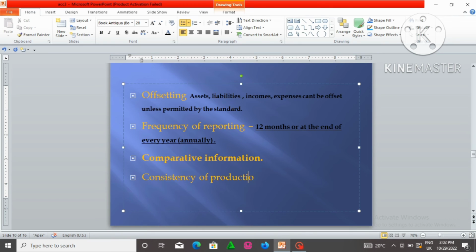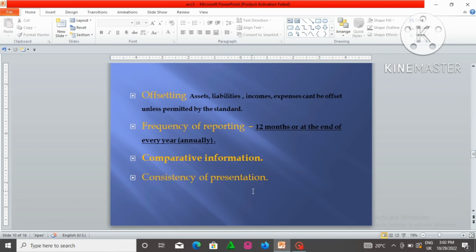The other thing is consistency of presentation. In order to maintain comparability, the way in which items are presented and classified in the financial statements should generally be consistent from one accounting period to the next.